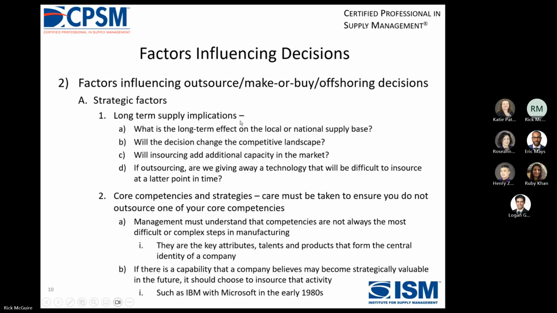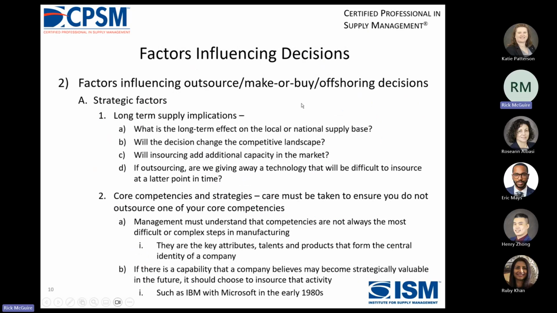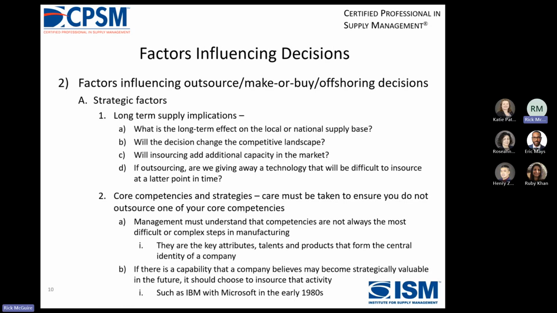Okay. Factors influencing outsourced make or buy decisions. Long-term supply implications. What's the long-term effect on the supply base? Is it going to change the competitive landscape? What about capacity? You don't want to outsource any of your core business and give away technology and create a competitor, or make it difficult to insource later.